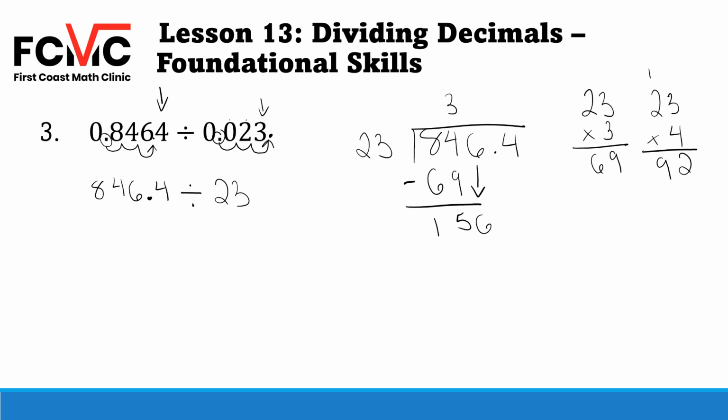So now we want to figure out, well, 23 goes into 156 how many times? Let's do some multiplication again off to the side. 23 times 4 got us 92. So if I try 5, this is going to give us 115. Let's try 6.